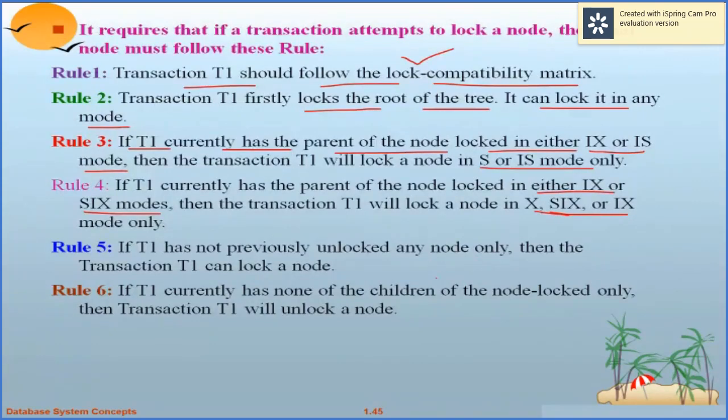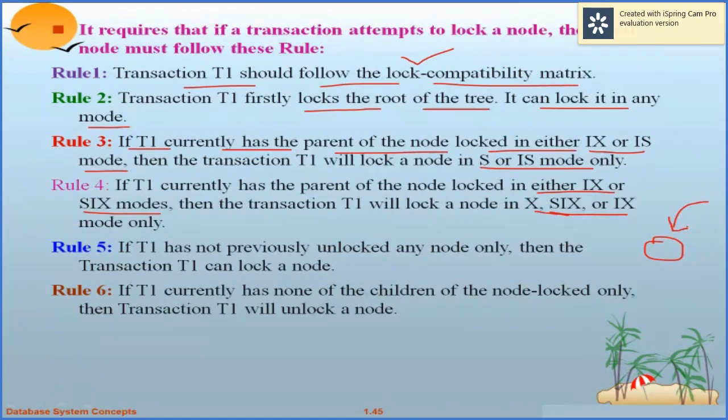And the third rule says that only if T1 has not previously unlocked any node can the transaction T1 lock a node. So for example, there's a transaction which has not unlocked any of those. The lock was imposed and it has not unlocked until the transaction is done.